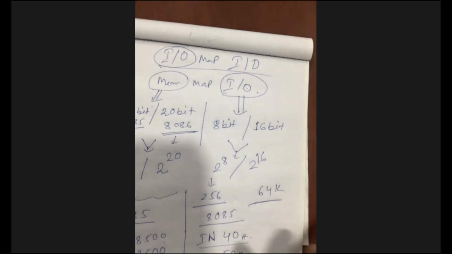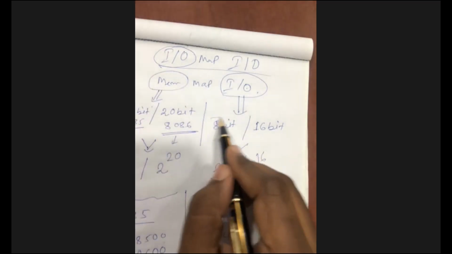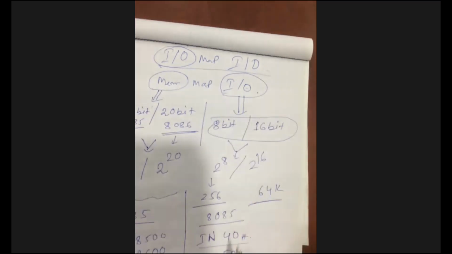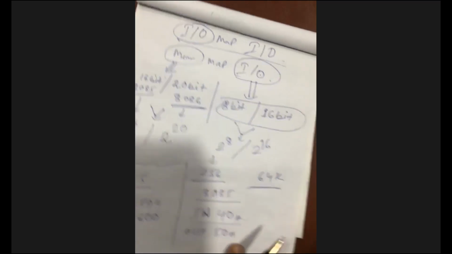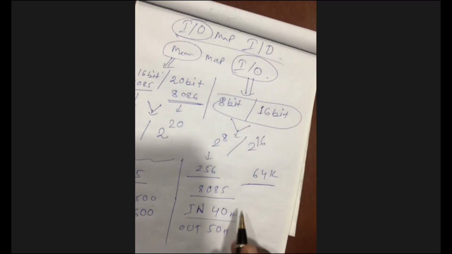IO mapped means using the input output address. In IO mapped IO, we address the IO device using the IO address, not the memory address. So in IN it's a 2 byte instruction, so less memory is required. Am I right?